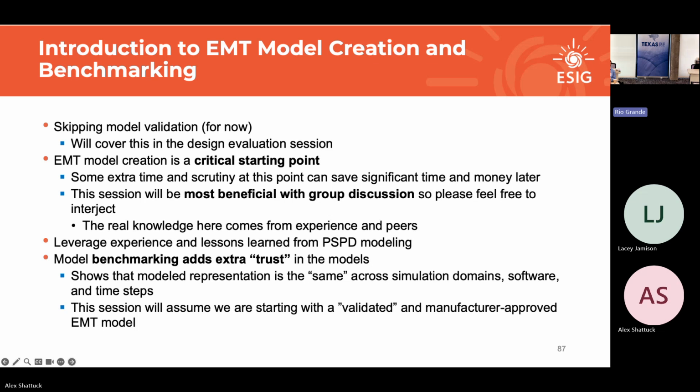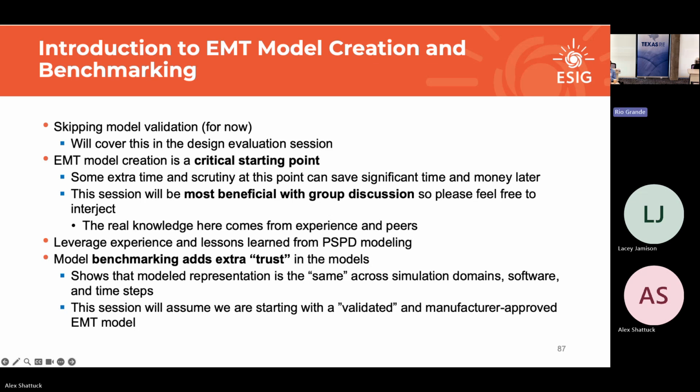So benchmarking specifically, we get into it, but why is benchmarking important? Well, it'll show you that the model and the product are correct. That's through validation, but benchmarking is kind of a loose term. And also across simulation domain. So if we're doing a cross-domain thing, like studying two contingencies in the EMT and the system contingencies in the PSPD, you probably want some assurance that both models do the same thing.